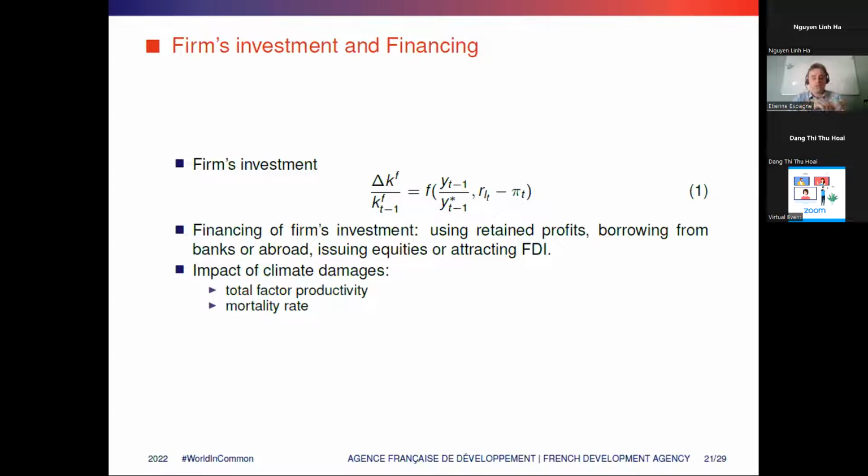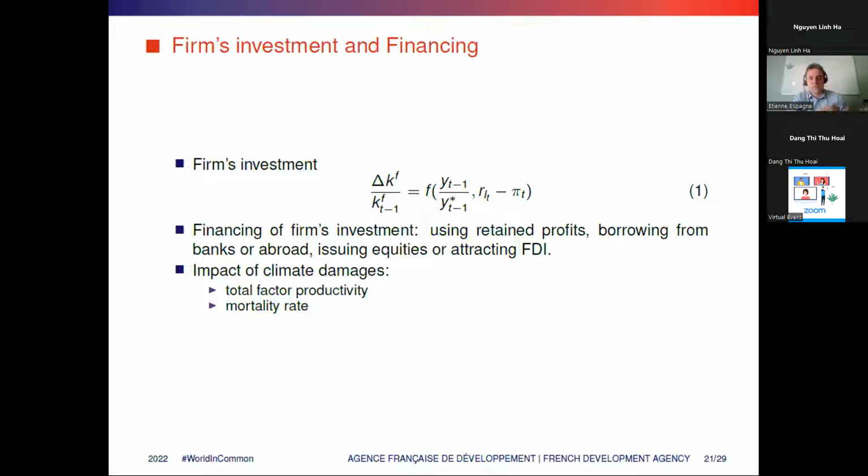On the firm's side, the most important equation is the investment of the firm. Basically, firms' investment depends on the expectation of growth and the cost of financing themselves from the bank, so the real interest rate.